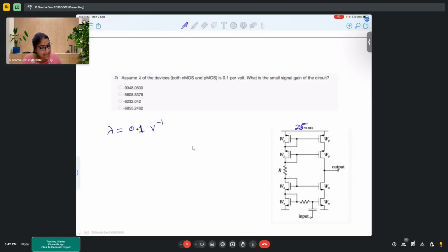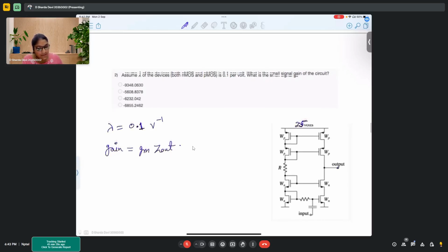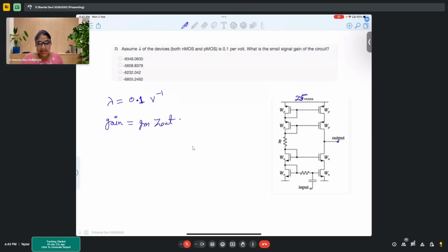And what is the small signal gain of the circuit? This is again a CS configuration, and for CS configuration the gain is GM into Z out. This is the output, so across this, if I can find the Z, then I'll get the value.